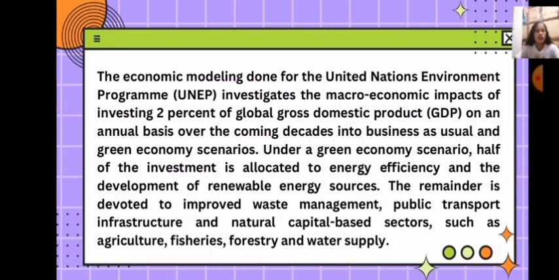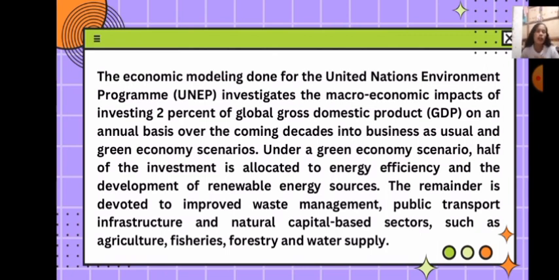So under a green economy scenario, half of the investment is allocated to energy efficiency and the development of renewable energy sources. The remainder is devoted to improving waste management, public transport, infrastructure, and natural capital-based sectors such as agriculture, fisheries, forestry, and water supply.